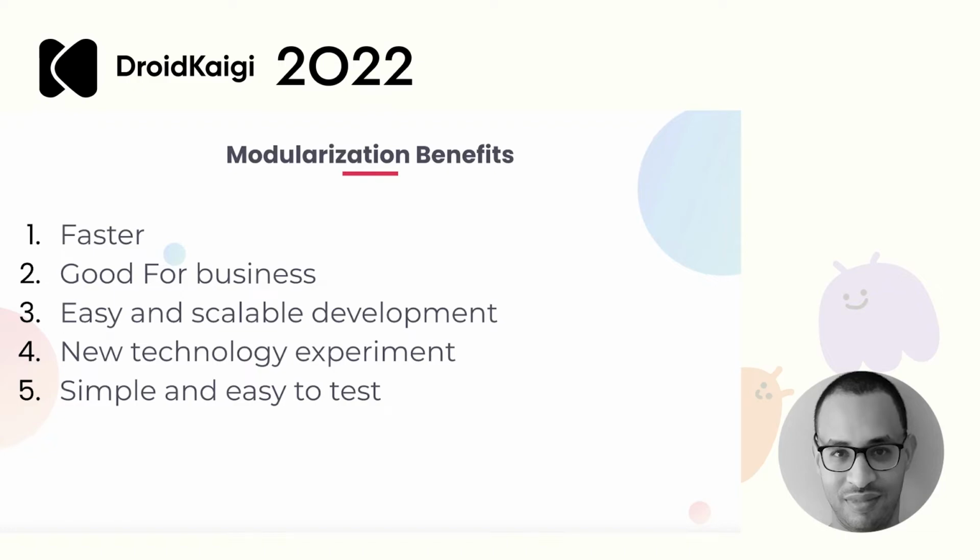But if we take several modules, we increase the number of tasks, but they are executed in parallel, which results in a very fast compilation time. If we change some code also, only the specific module will be recompiled instead of recompiling the whole project.